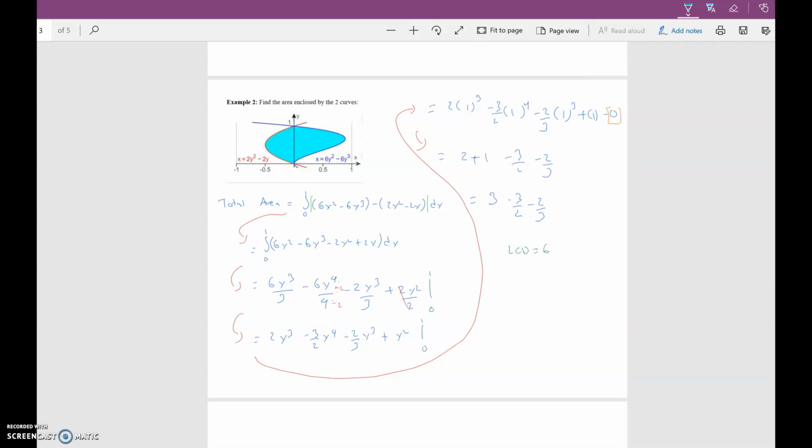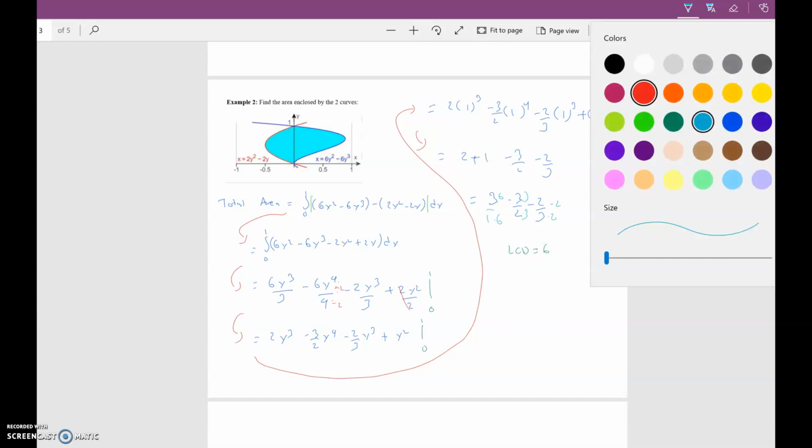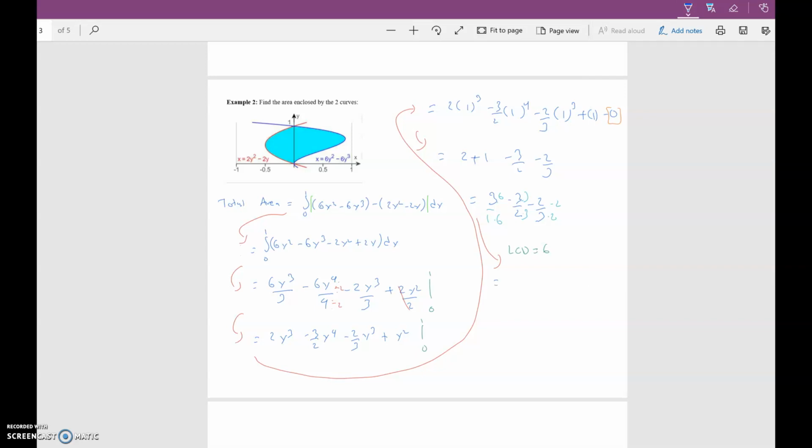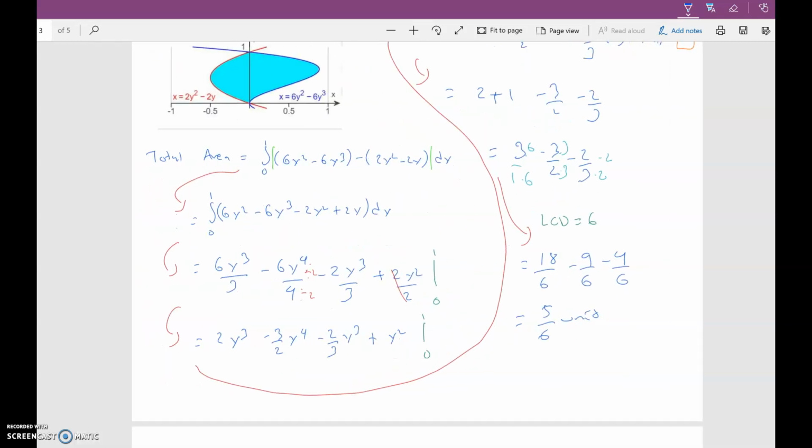In this scenario, we're going to be multiplying 3 times 6, 3 times 3, and 2 times 2. So we're looking at 18 sixths minus 9 sixths minus 4 sixths. So I'm looking at 5 sixths, and technically units squared. Let me take a look, but I think that's going to be it.